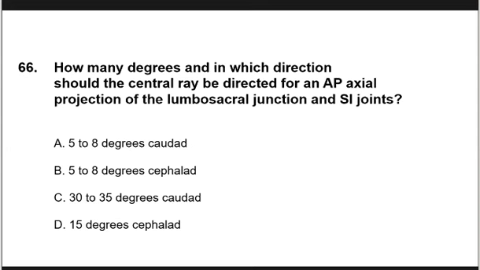The film size used is just 8 by 10. Only 8 by 10, because someone might answer that the film size is 14 by 17 because that is what you do in the hospital. For the lumbosacral junction and sacroiliac joints, it's just 8 by 10, because it is only a junction.